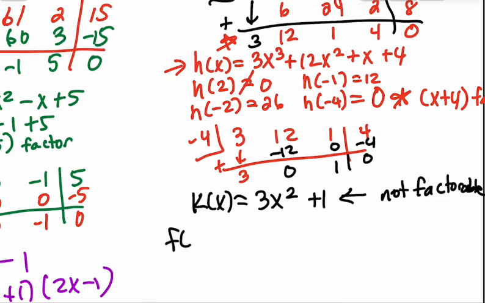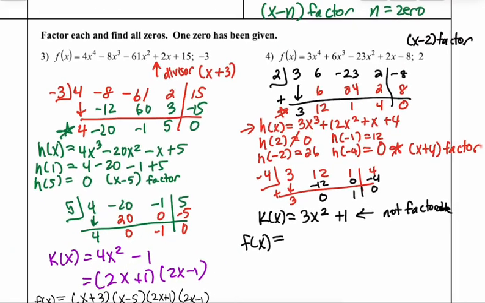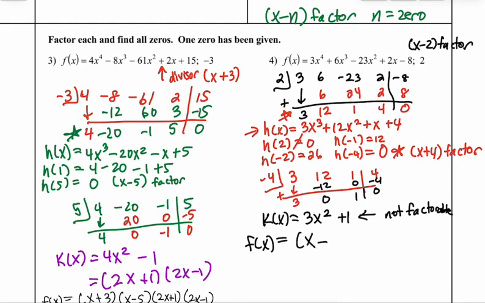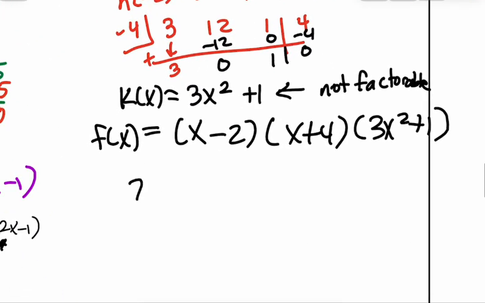But let's look at our original form. We took out an x minus 2 and an x plus 4. We were left with this thing that isn't factorable and is not broken down. So our zeros are at 2 and negative 4. So the only place this particular function hits our x-axis is at 2 and negative 4.